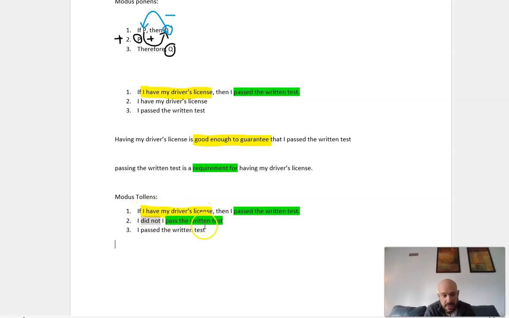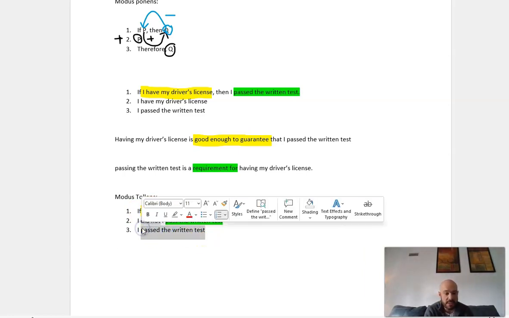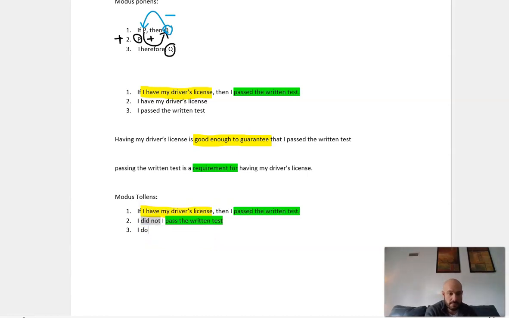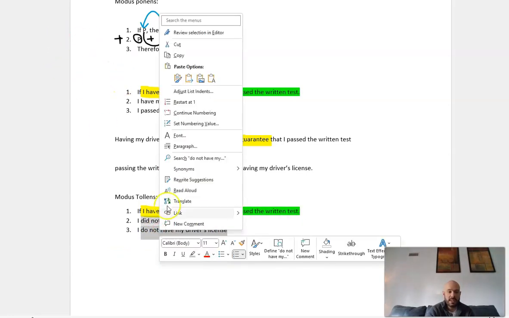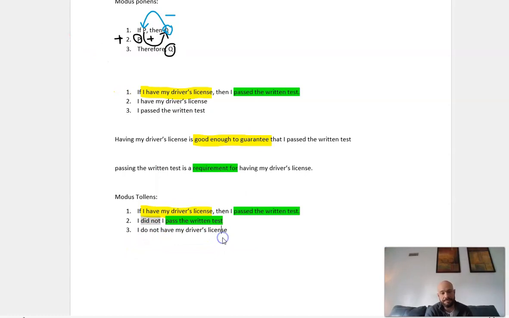I did not pass the written test, therefore I do not have my driver's license. And hopefully you can see why this is the case. This is the case because the necessary condition plays the role of requirement for the sufficient condition.